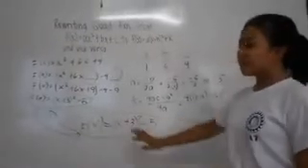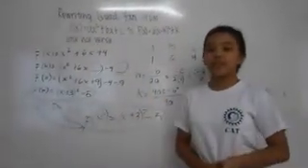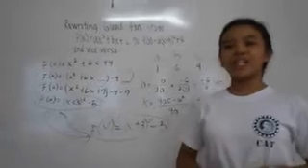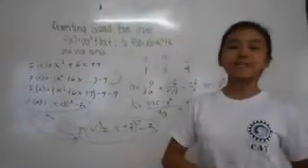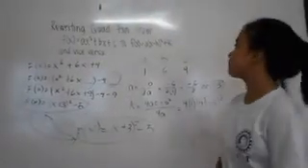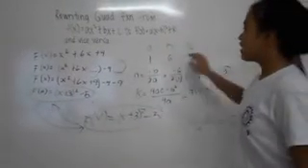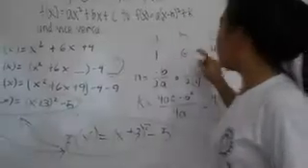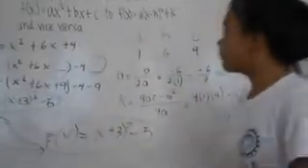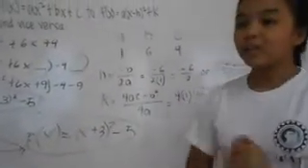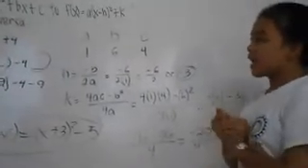And now we will rewrite the following quadratic function in the form of f of x is equal to a times x minus h squared plus k. We will find a, b, and c. So your a will be 1, your b is 6, and your c is 4. And we will use the values of h and k.